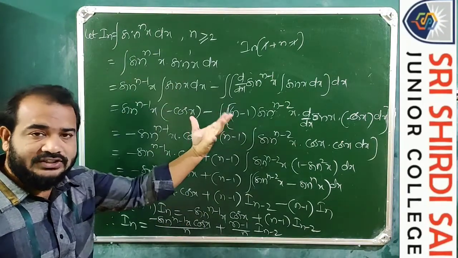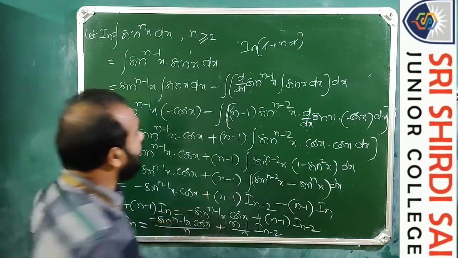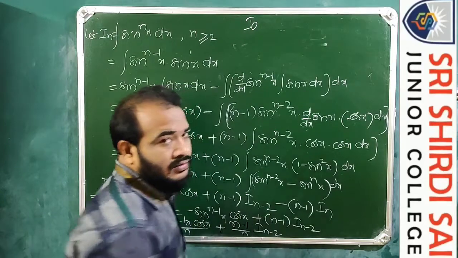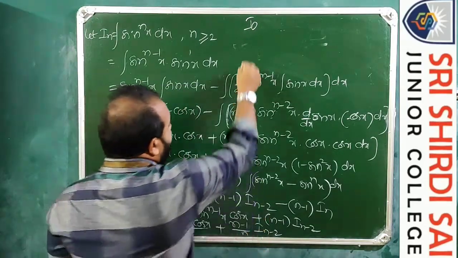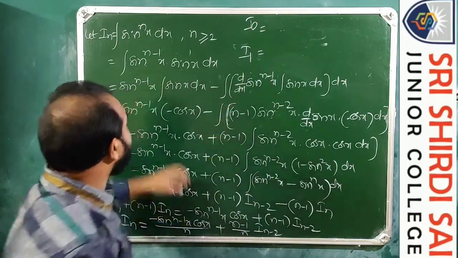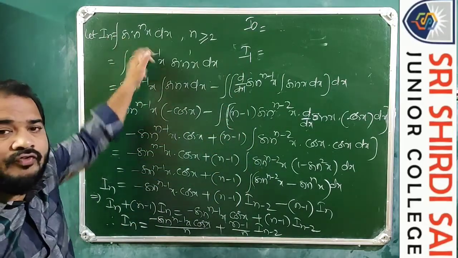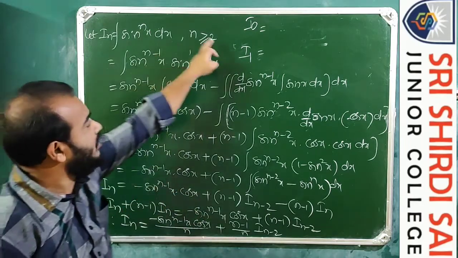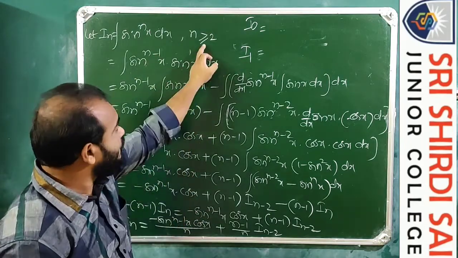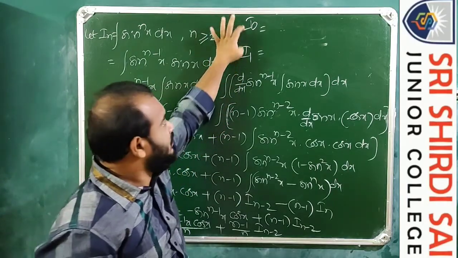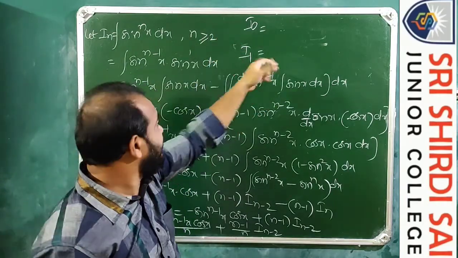On successive reduction, if n is even we will get I_0, and if n is odd we will get I_1. This reduction formula is applicable as long as n is greater than or equal to 2. But here I_0 and I_1, 0 and 1, are less than 2.